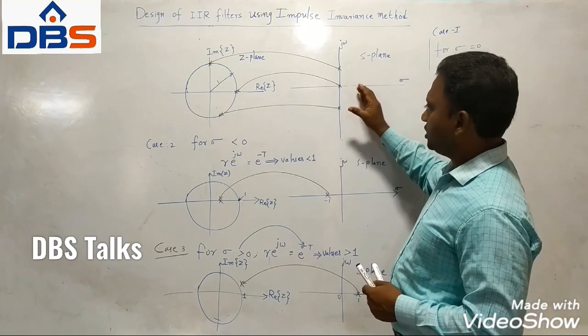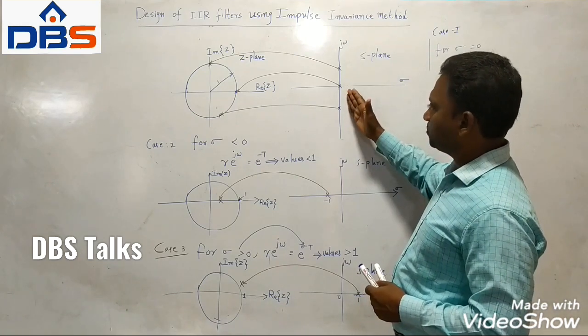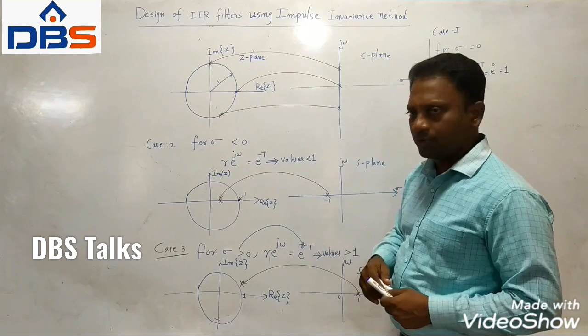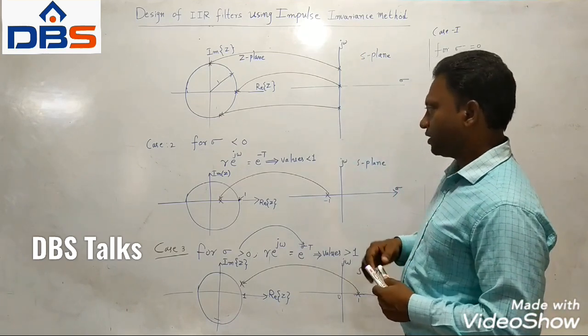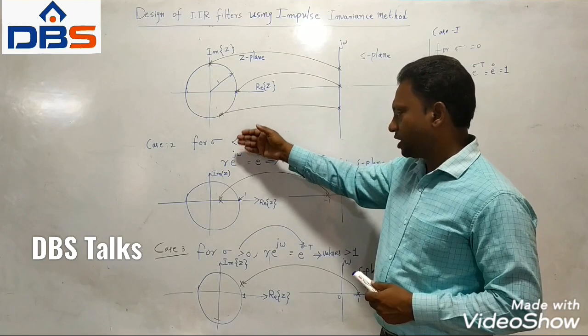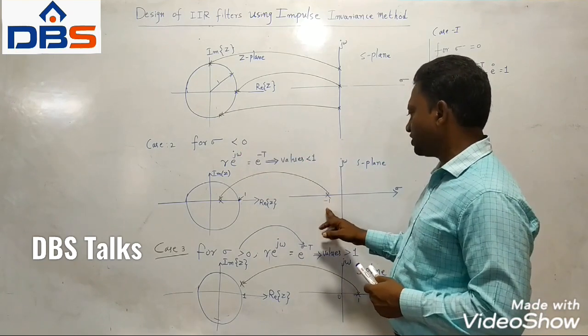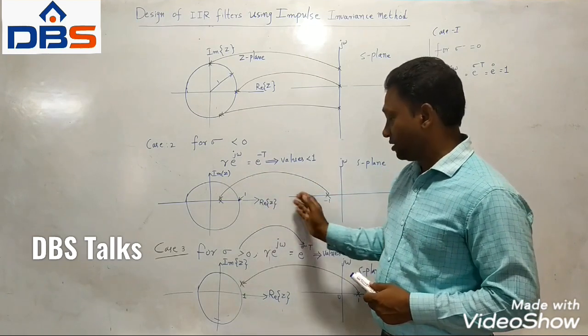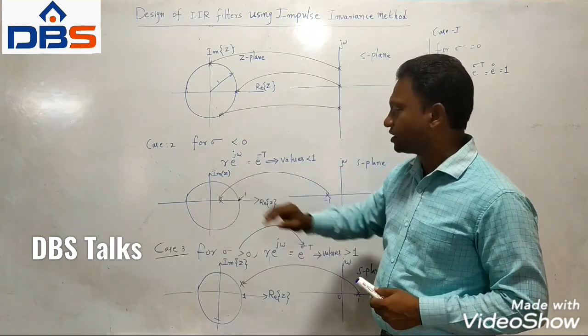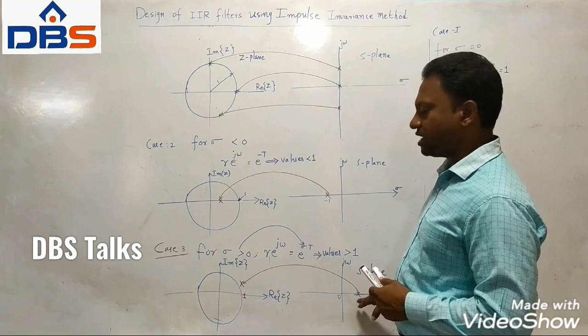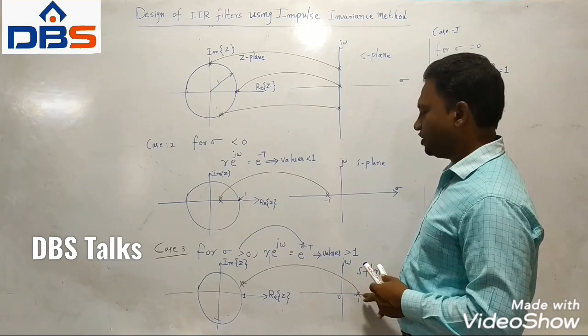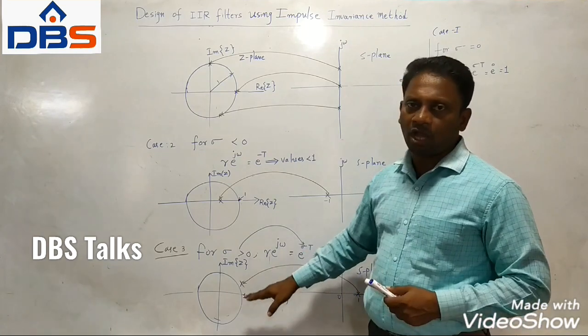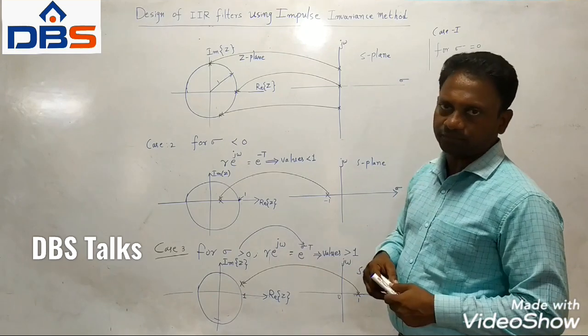For case 2, any left hand side pole is mapped inside the unit circle, and any right hand side pole of the S plane is mapped to the outside of the unit circle.